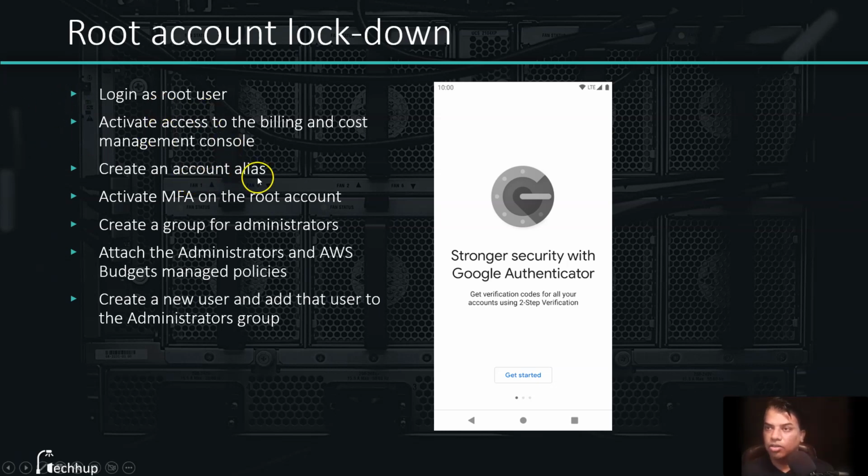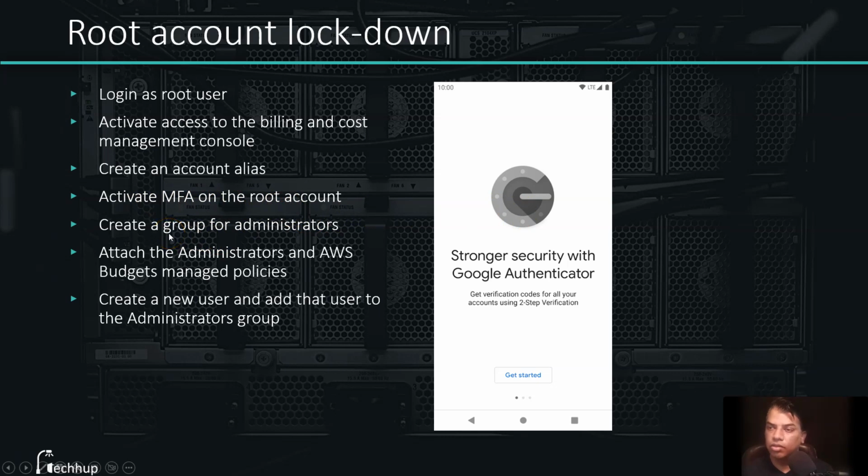Then we'll create an account alias, so that you get a simple alias to access your account via the URL. We'll activate multi-factor authentication on the root account to secure it, and we'll be using a virtual device like Google Authenticator to activate the MFA.